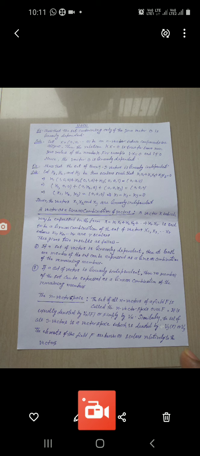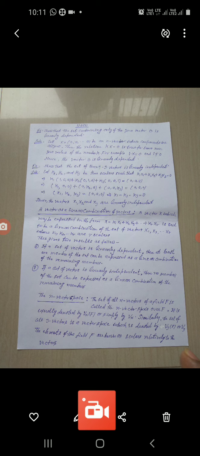This is a very important example. You have to show that the vector whose components are 0, that is the 0 vector, is linearly dependent. For linear dependence, the constant should not be equal to 0.